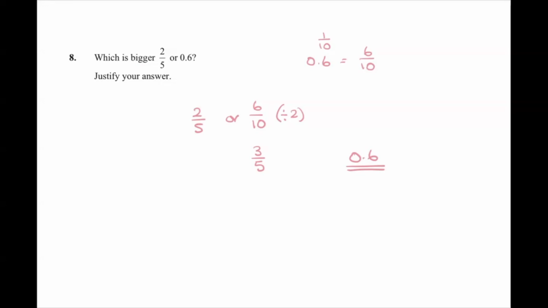You could have done it by putting the 2/5 into decimals. So if you knew that 2/5 was 0.4, or you were prepared to do 2 divided by 5 to work it out, then that would have been a perfectly acceptable route as well. But do remember your place value grid, your hundreds, units, tenths, hundredths. It can come up in these types of questions and be very, very useful.